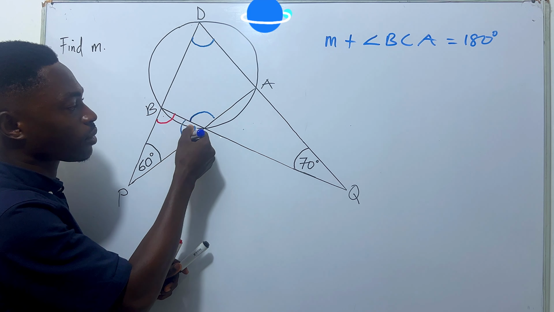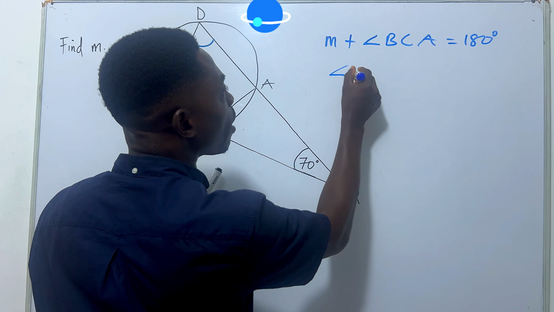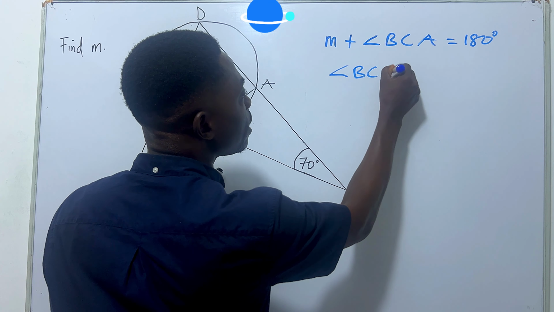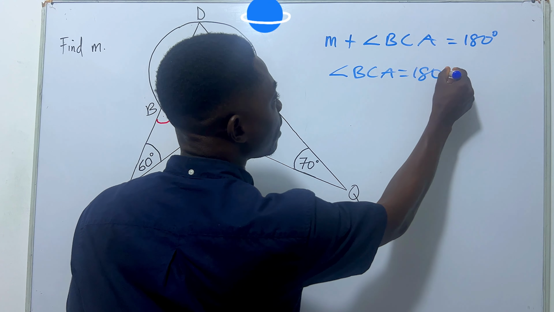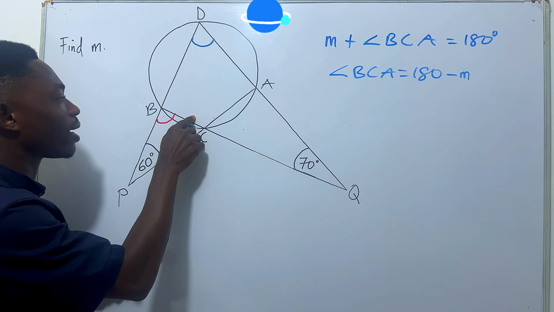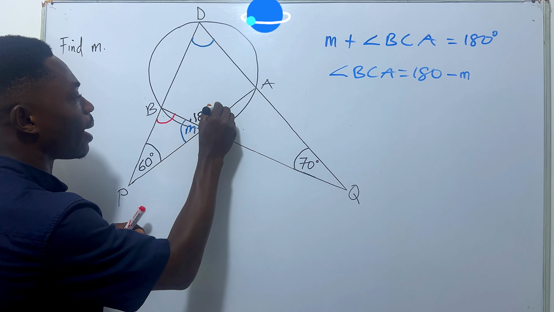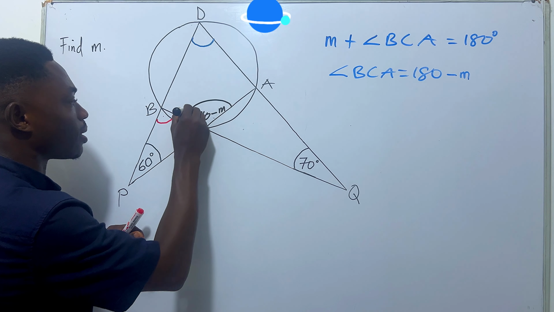Why? Because they are angles on a straight line, as simple as that. So angle BCA is equal to 180 minus M. It means that the whole of this angle right here is going to be 180 minus M, as simple as that.